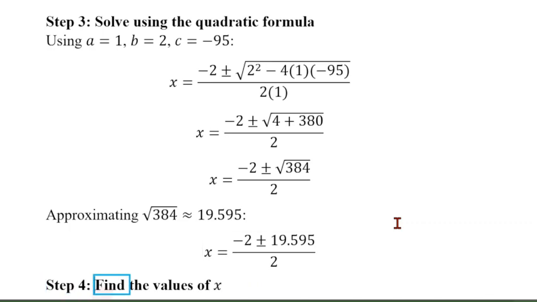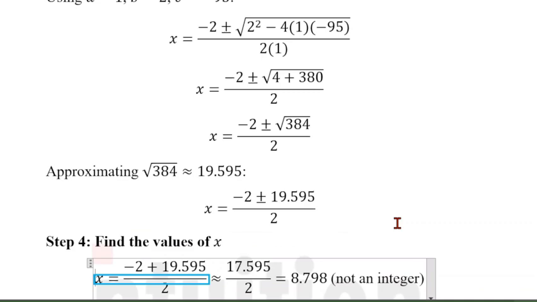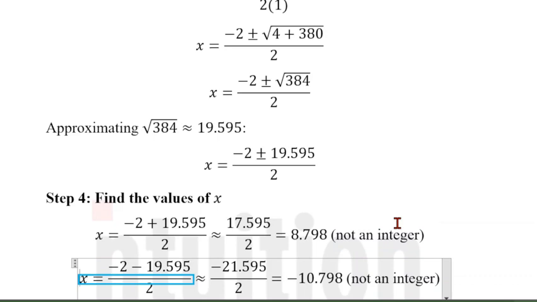Step 4. Find the values of x. x equals minus 2 plus 19.595, over 2, almost equal to 17.595 over 2, equals 8.798 (not an integer). x equals minus 2 minus 19.595, over 2, almost equal to minus 21.595 over 2, equals minus 10.798 (not an integer).